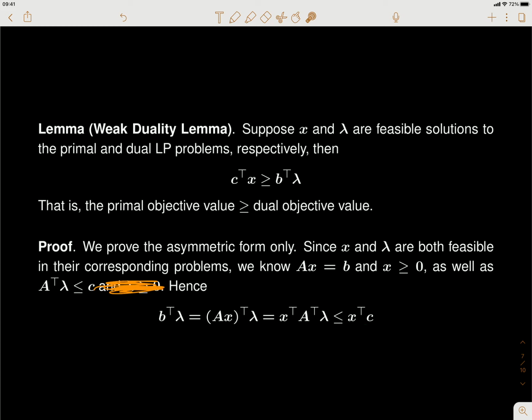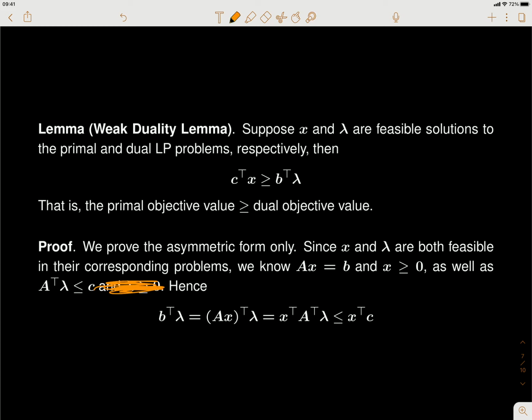Then this A transpose lambda is less than or equal to c, and x is a non-negative vector, greater than or equal to 0. As we showed earlier, lambda satisfies the constraint A transpose lambda less than or equal to c. So what do we have?